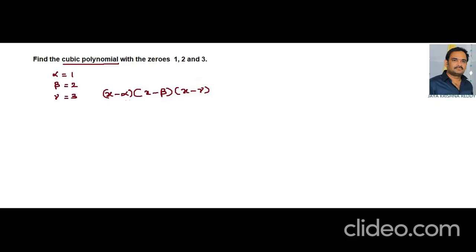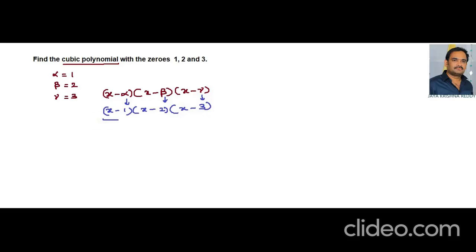So substitute the alpha, beta, gamma values here. The first one is x minus alpha value, which is 1, times, again x minus that beta value, which is 2, into x minus gamma value, which is nothing but 3: x minus 1 into x minus 2 into x minus 3.